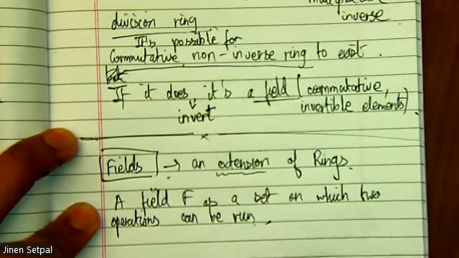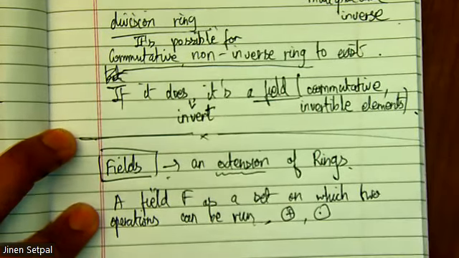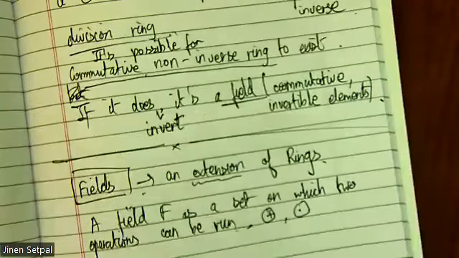Again, we define those two operations as plus and the dot with the circle.